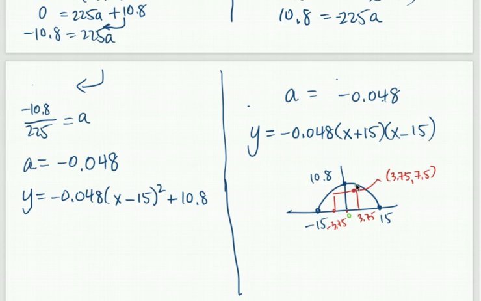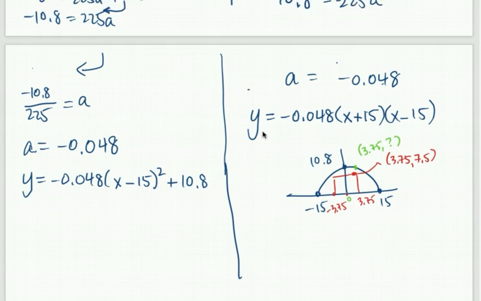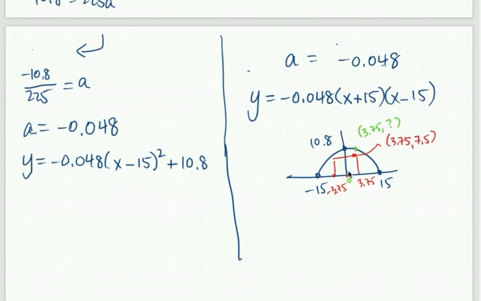So we need to figure out right here in that same corner of the truck if the tunnel is tall enough. So we know that point there is 3.75. We need to figure out what the height of the tunnel is right there. So we're going to use our equation to figure that out. If that height for the tunnel is higher than 7.5, we know the truck is going to make it through safely.